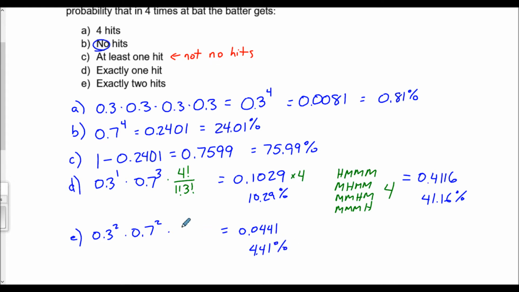At the same time, knowing that there's 2 hits and 2 misses means out of a total of 4 times at bat, 2 are hits, 2 are misses, and we're going to multiply this by 6. 0.0441 multiplied by 6, 0.2646, or 26.46%.